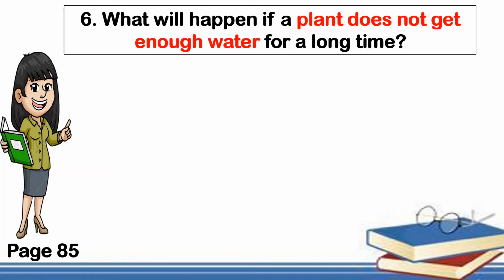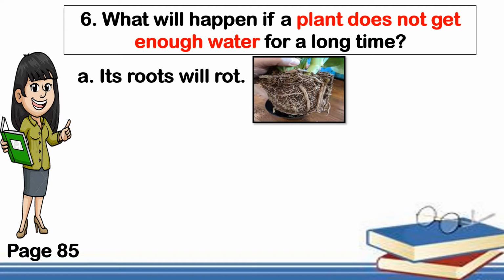Number 6. What will happen if a plant does not get enough water for a long time? Letter A. Its roots will rot. Rot means decay or damage.